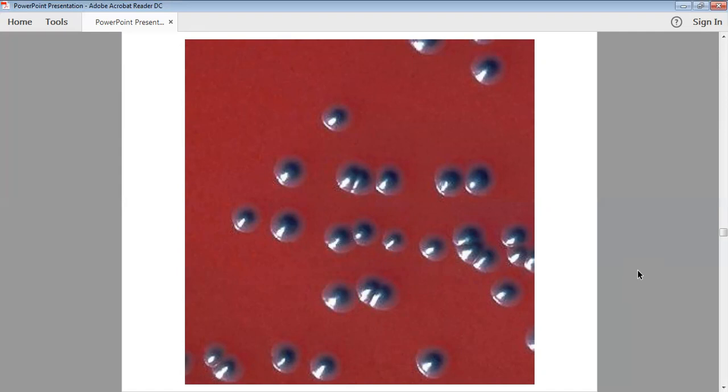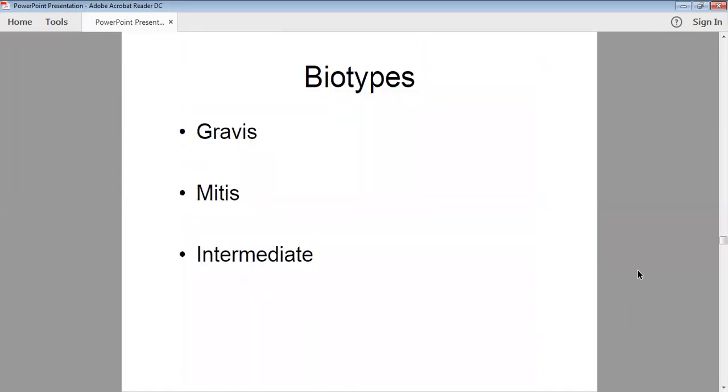I'm not going into detail on cultural characteristics and biochemical reactions. The three biotypes depend on the presence of granules, cultural characteristics and biochemical reactions. There are three types, but the names depend on severity. The strain associated with severe complications, hemorrhagic and nephrotic complications, is known as gravis.